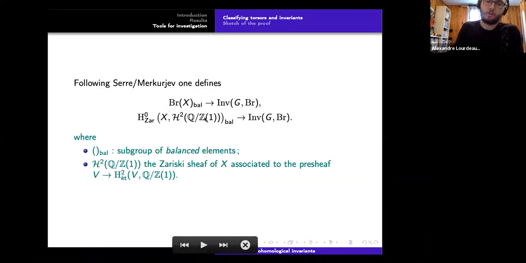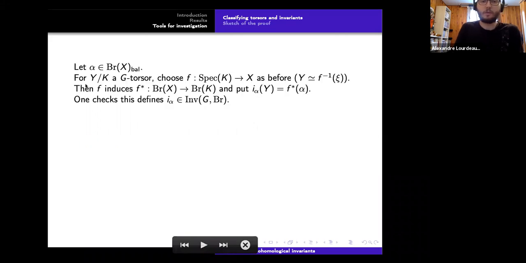Just to explain the two maps here, for the first map with the Brauer group, we take alpha in the balanced subgroup of Brauer of X. For a G torsor Y over capital K, we choose a point F of X so that Y is isomorphic to the pullback of the generic torsor Xi.